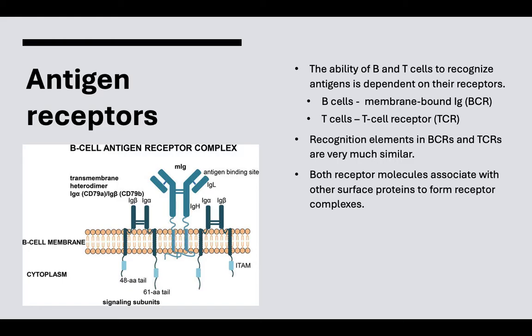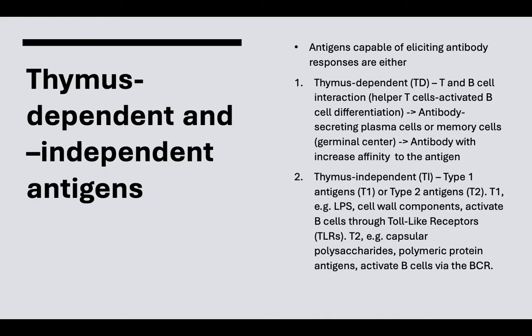The antigens that are recognized by these receptor complexes may be of different natures. And you would remember that I've already mentioned thymus-dependent antigens. Thymus-dependent antigens are one of the major types of antigens that are recognized by our adaptive immune effectors.